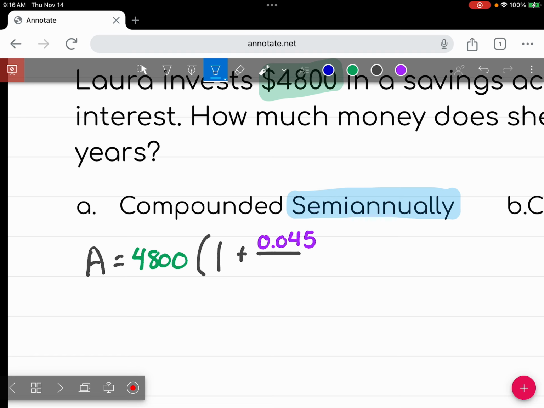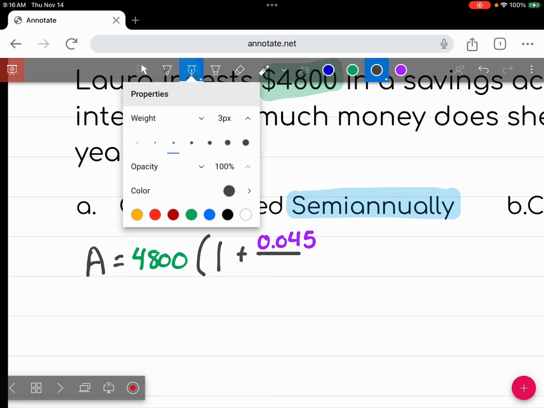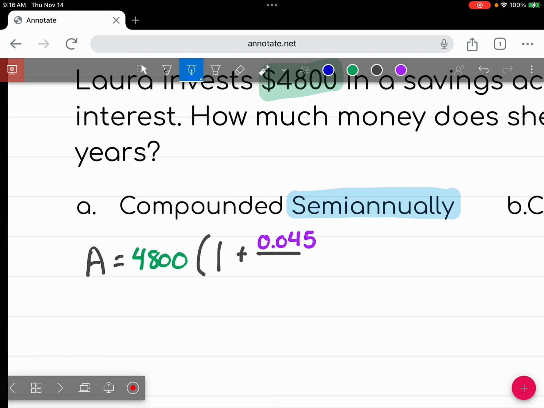The only time I really hear semi-annually is that some stores do semi-annual sales, twice a year, a spring sale and a fall sale. So when in doubt, think about semicircles. There's 2 halves. So 2 is our n here.